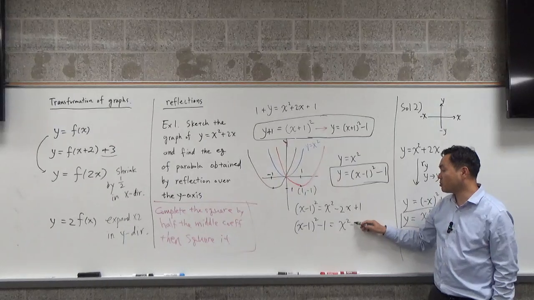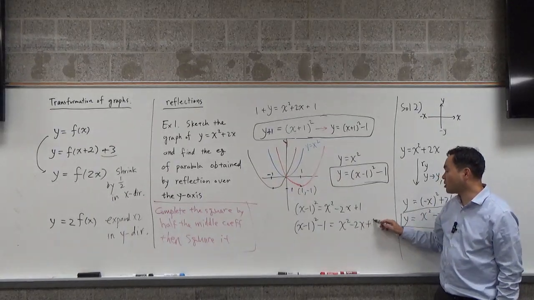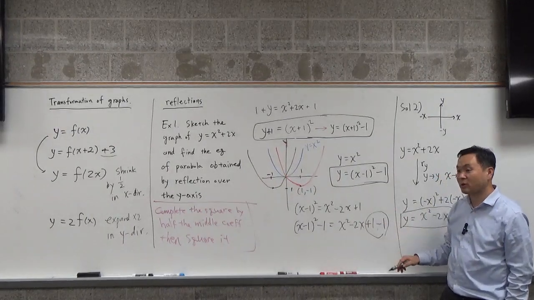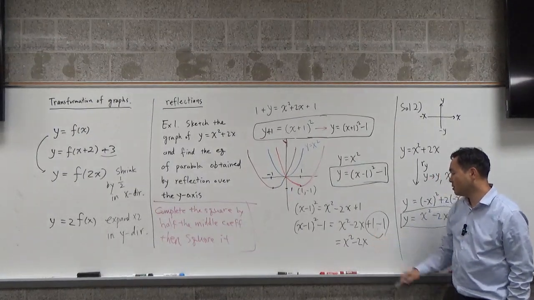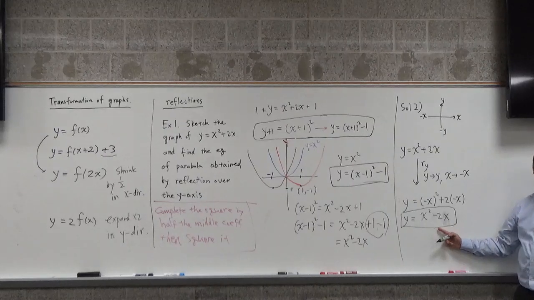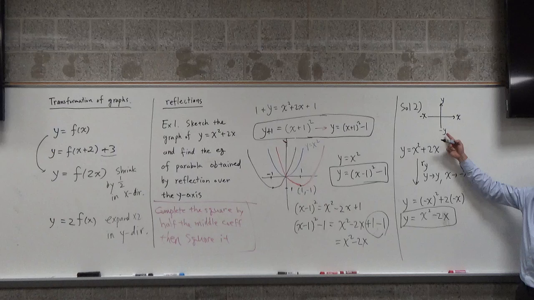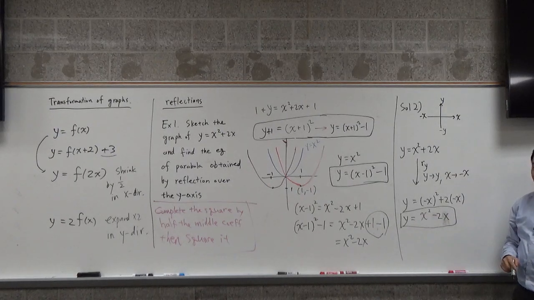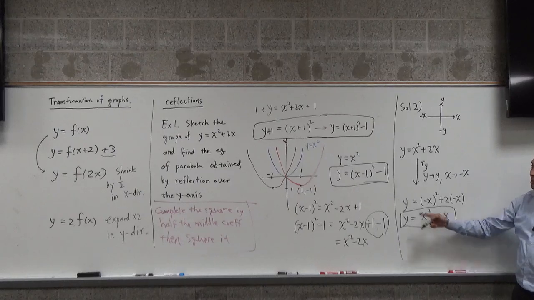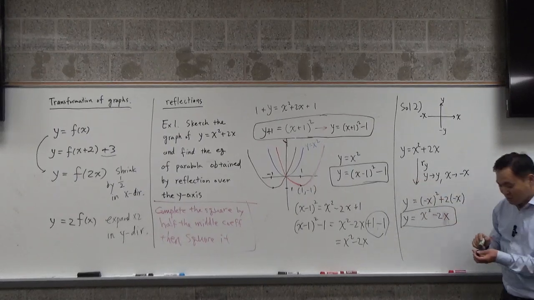X squared minus 2x plus 1 and then minus 1, and these cancel away, right? Same, right? It's exactly the same. So this method is easier to think about than trying to chase the vertex.